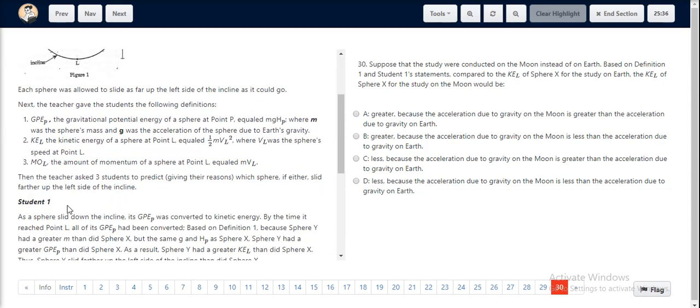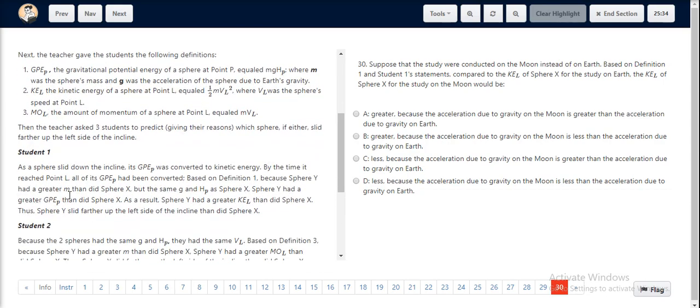If you look at student 1's statement, student 1 states that the sphere slid down the incline and the gravitational potential energy was converted to kinetic energy. And since sphere y had a greater mass than sphere x and g and hp were constant, sphere y would have a greater gravitational potential energy.